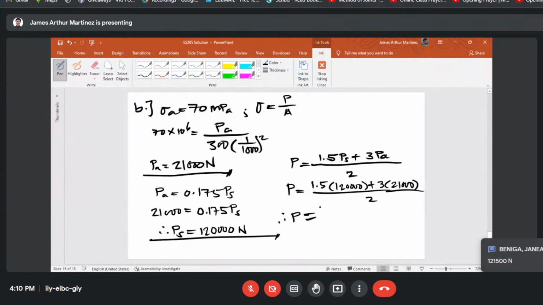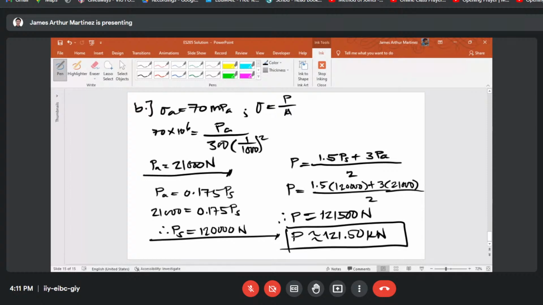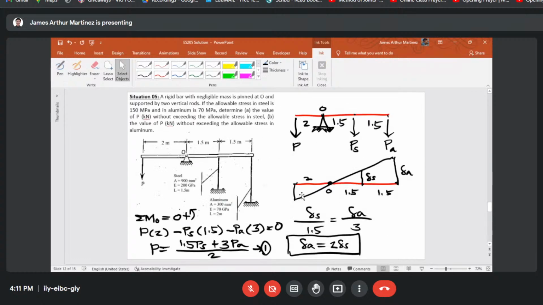Therefore, the value of your P is equal to 121,500. So again, take note that the problem requires kilonewton. So P therefore is 121.5 kilonewton. Okay, so these are our answers for situation number 5.